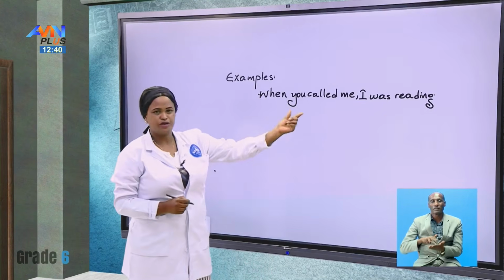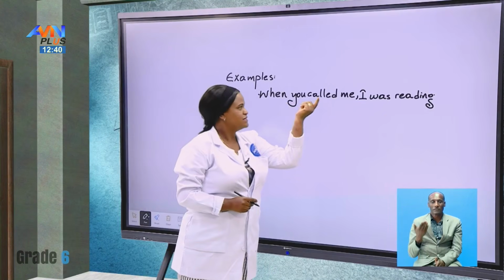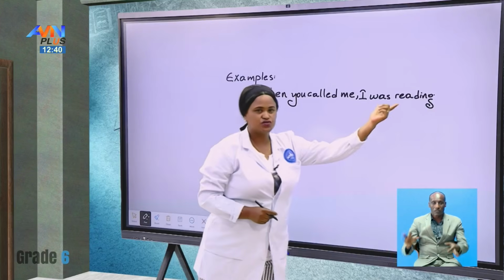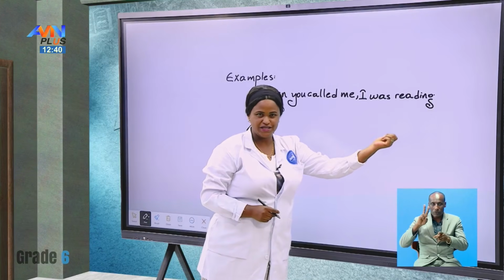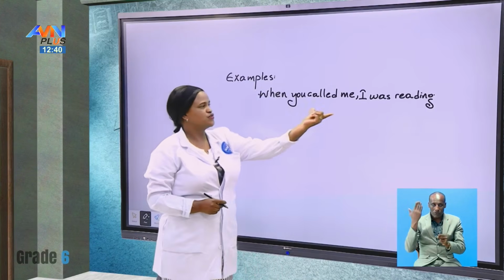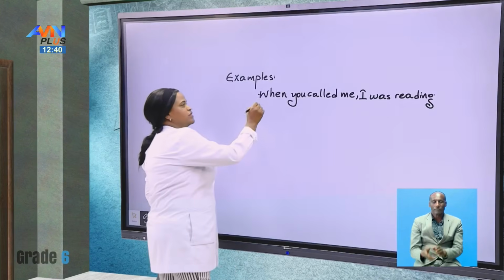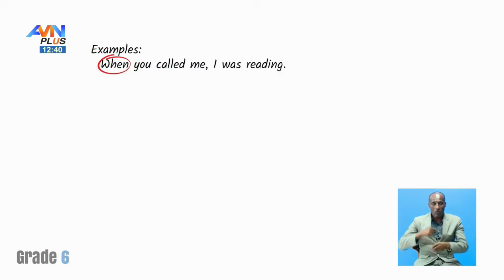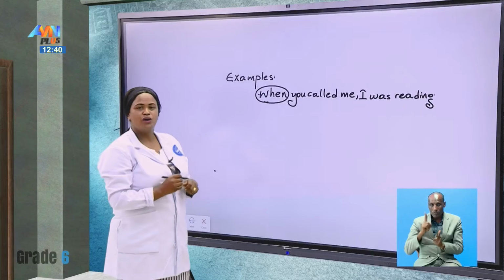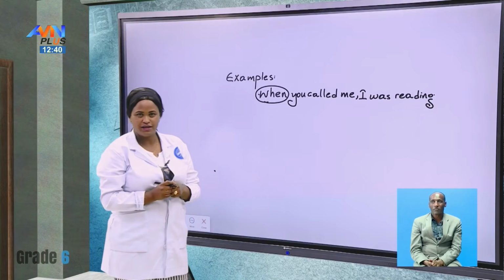When you called me, simple past. I was reading, past continuous. And then we connected these two sentences by using the conjunction when. How about the second one, while? Let's see.